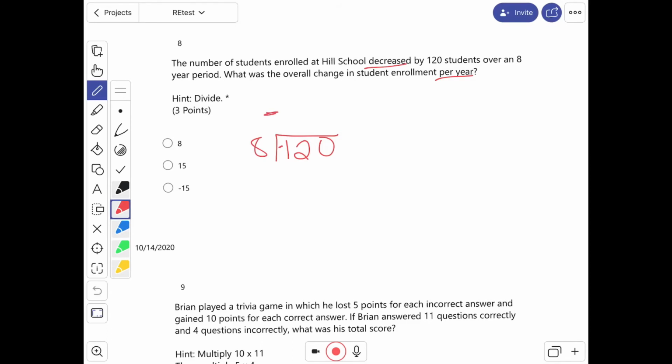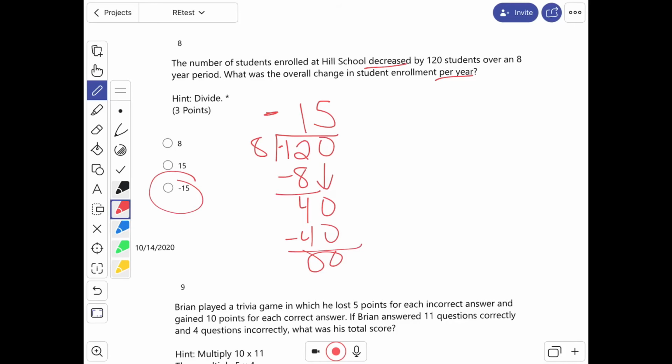And a negative divided by a positive is going to make a negative. 8 goes into 12 once. 4 left over. And then 8 goes into 40 5 times. So that's negative 15.